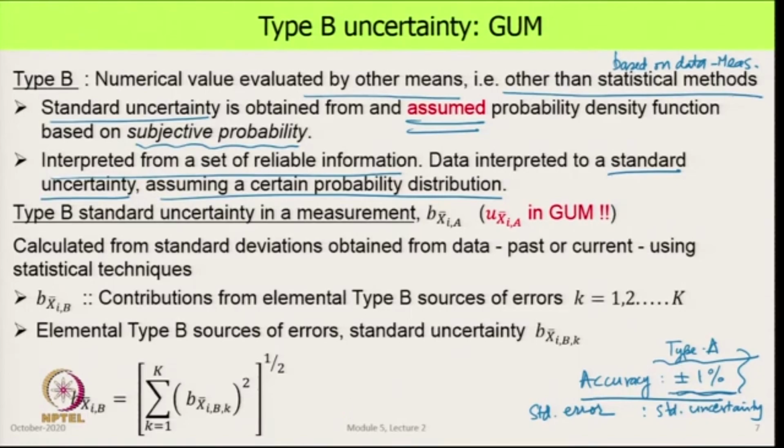So, type B standard uncertainty we do not get from a type B standard uncertainty in a measurement. We give the symbol B xi, this should be a B. This is given as u xi b in GUM, and I put this in red simply because this causes confusion in the symbols, and this is one of the issues with GUM and why I am following PTC 19.1.